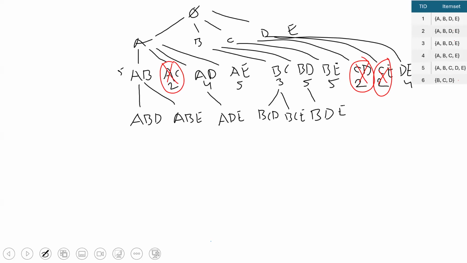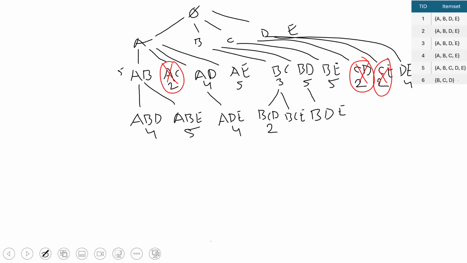Now, what is the frequency of ABD? ABD is 4. What about ABE? ABE is 5. What about ADE? ADE is 4, right? What about BCD? BCD is 2.